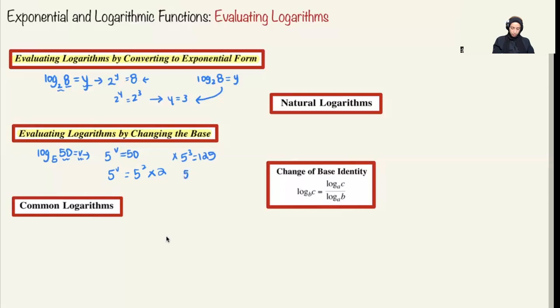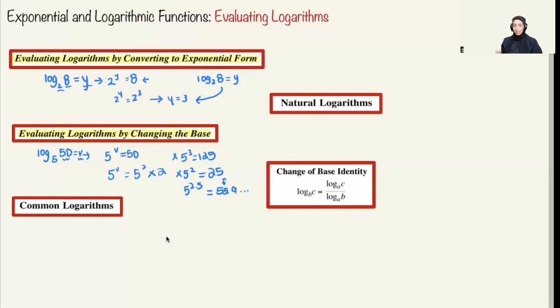What about 5 to the power of 2? Again, that's 25, so we don't want that one. What if I go 5 to the power of 2.5? That's going to be 55.9. Again it's not 50, but it's somewhere in between these two.